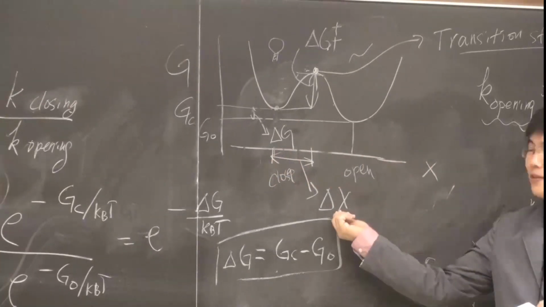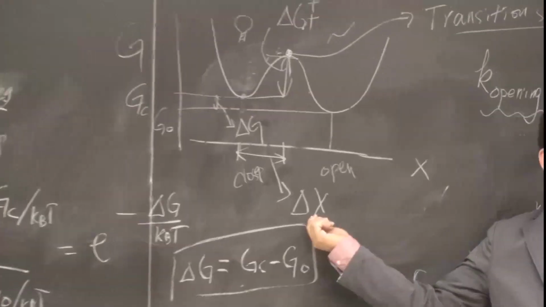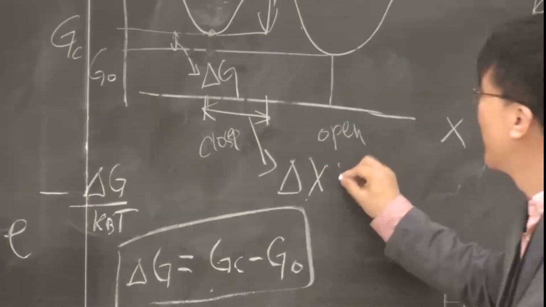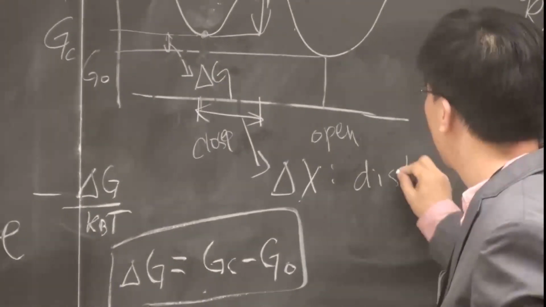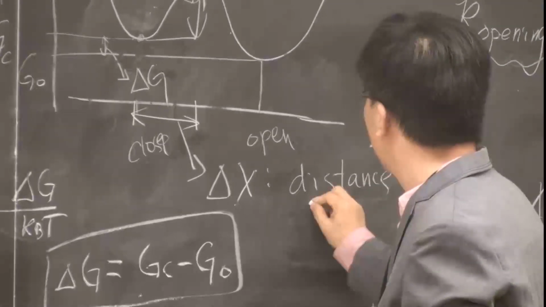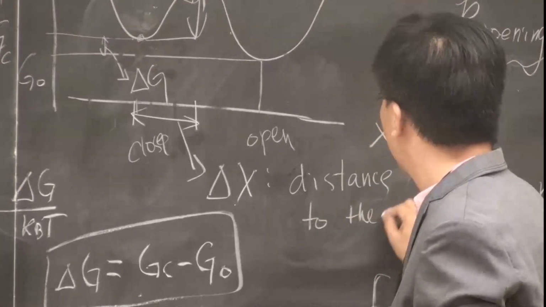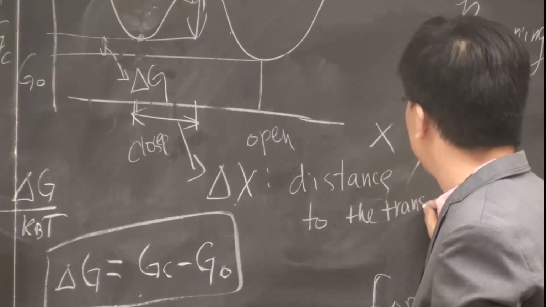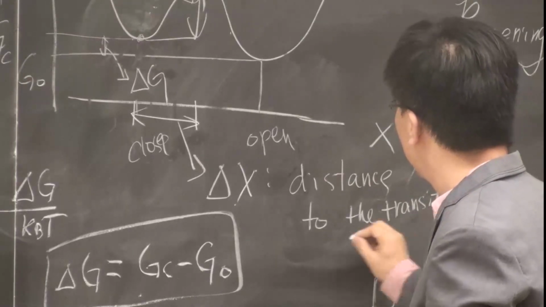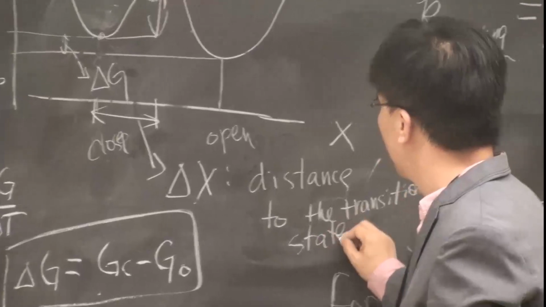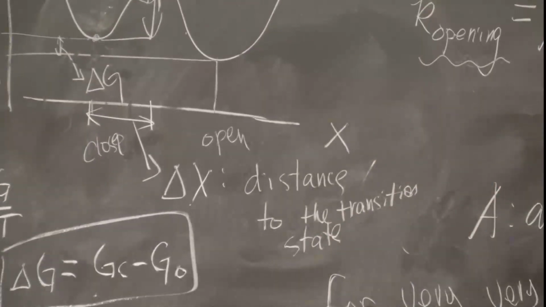So delta x here is called the distance to the transition state.